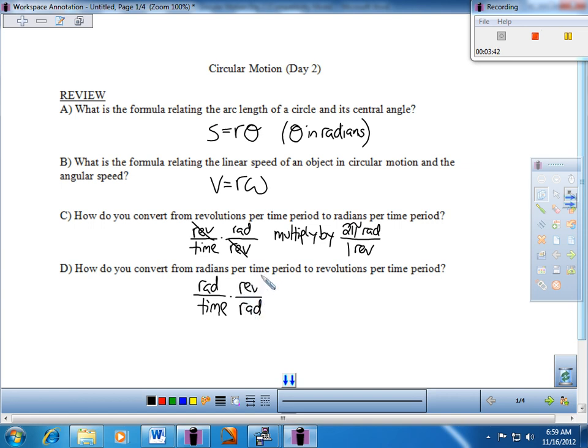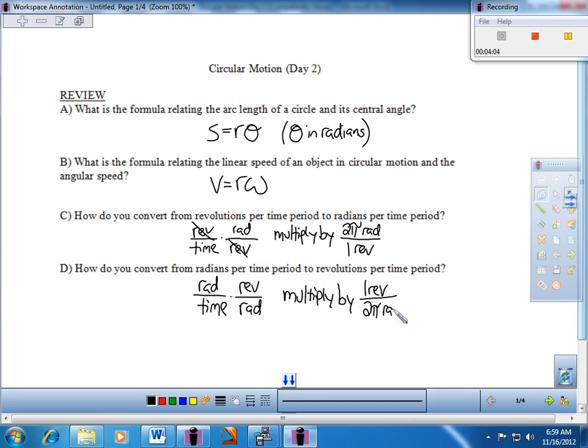We have the fraction that we're going to want to multiply by, because 1 revolution is the same as 2 pi radians. So this is what we'll write. We're going to multiply by 1 revolution over 2 pi radians.